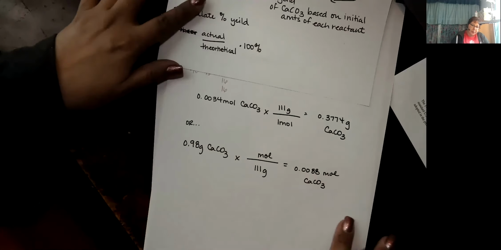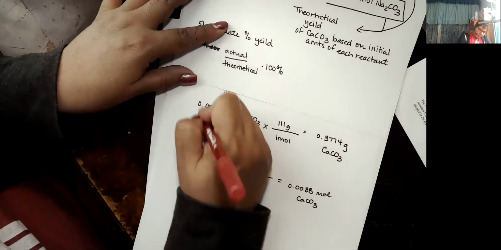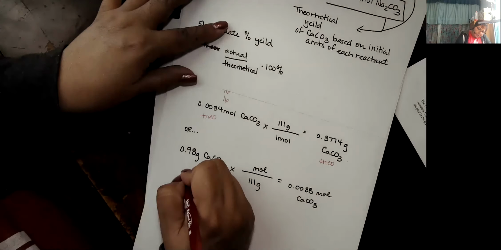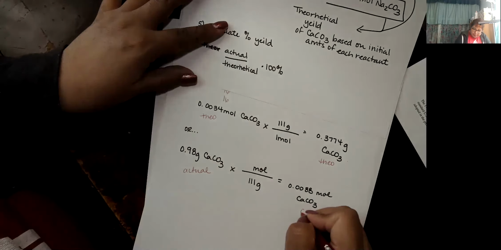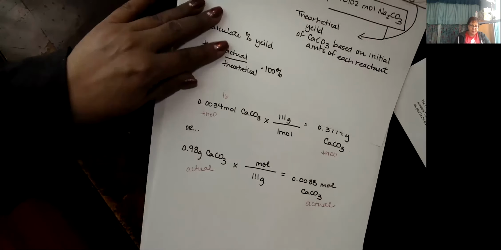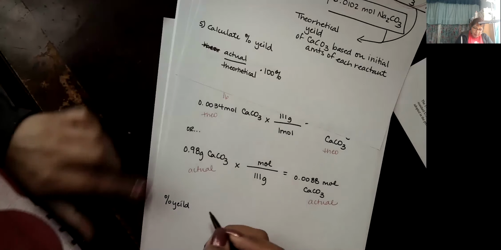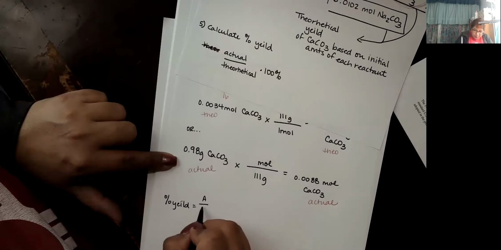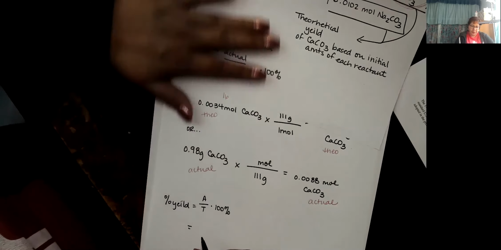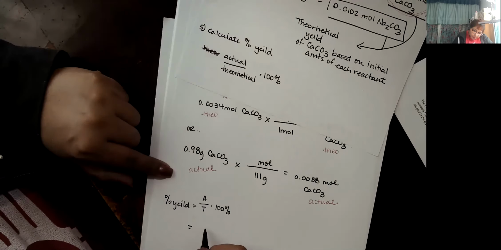So this number right here, that 0.0034, this was my theoretical. So this is my theoretical. This is my actual. And this is my actual. All right. So if I'm going to calculate percent yield, I'm going to do actual over theoretical times 100%.